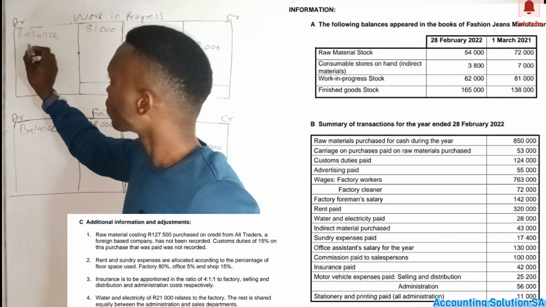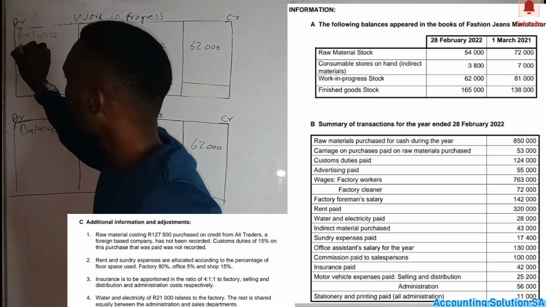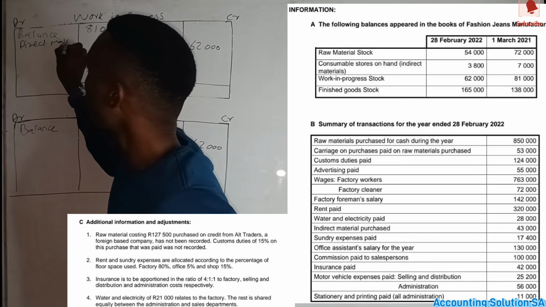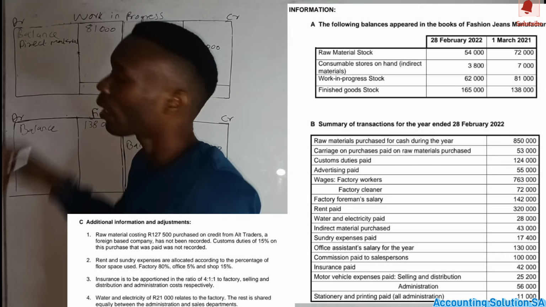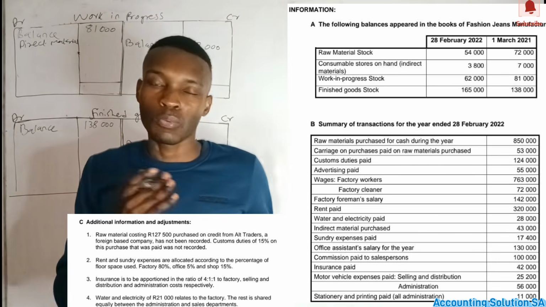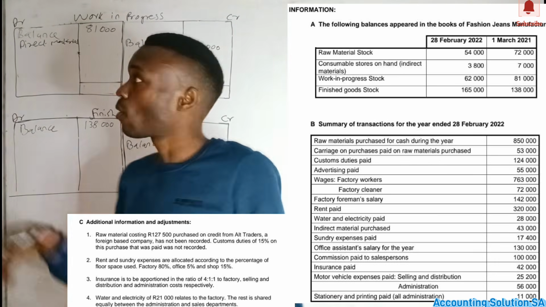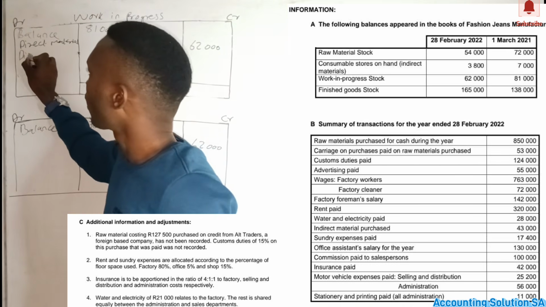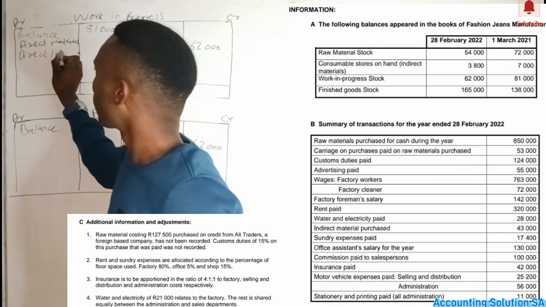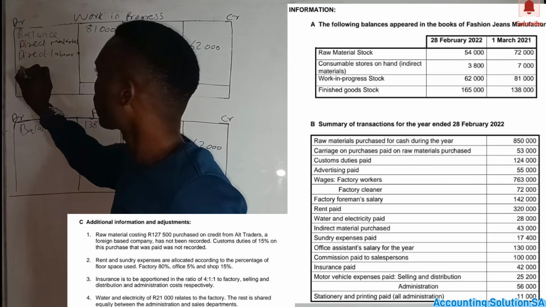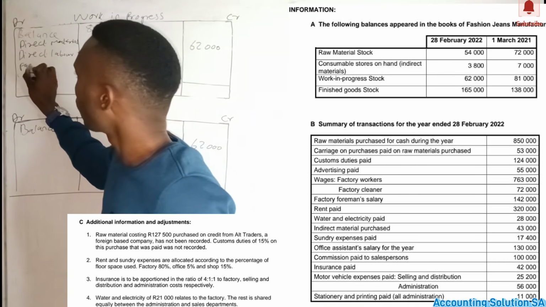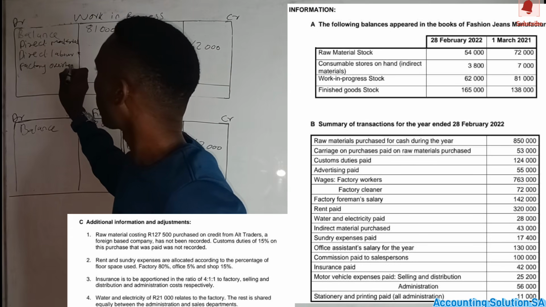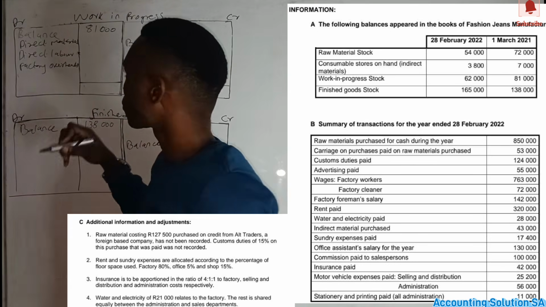The first one, we're gonna have a direct material, the one that we calculated on the previous account, and we write work in progress on the credit side. Then we're gonna have direct labor and factory overhead.